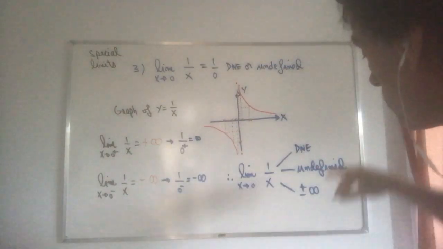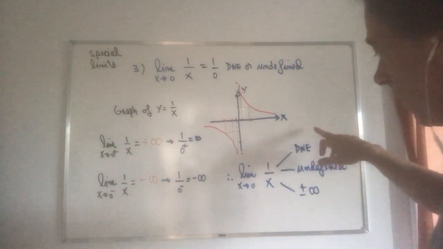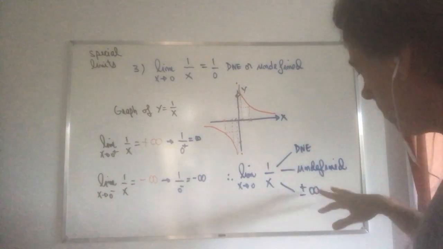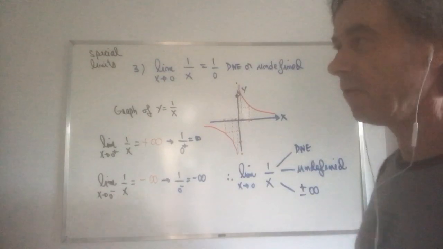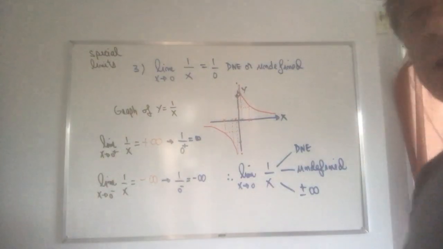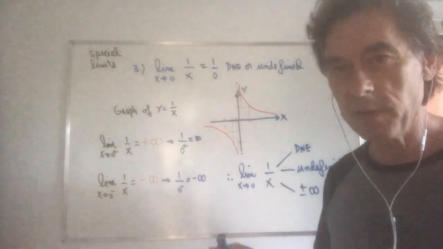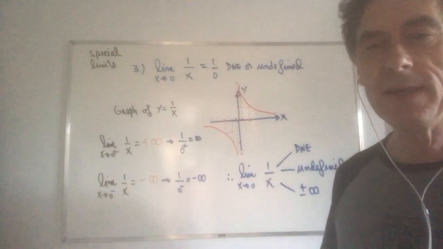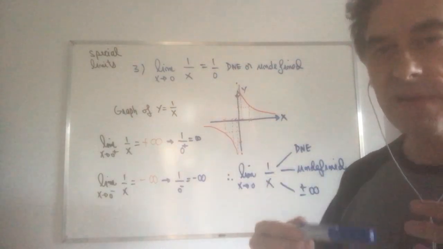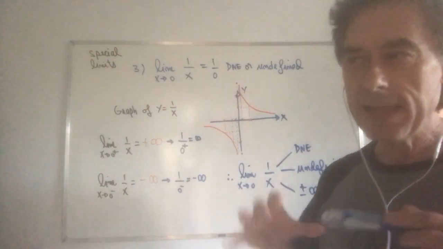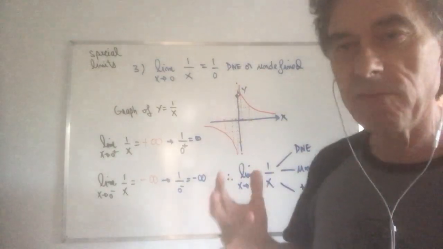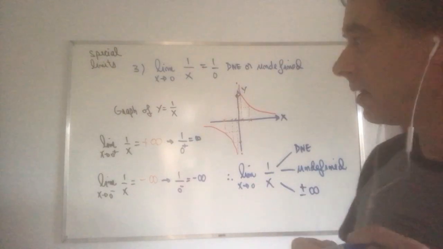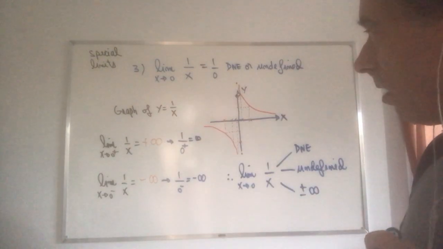So this high school notion of 1 over 0, which we called undefined or DNE, in calculus takes on another dimension, the dimension of plus or minus infinity. And there we are entering slowly the realm of calculus, because really, ladies and gents, calculus is how do we deal with infinitely large and infinitely small numbers. That could be one way to actually perceive what calculus actually is. How do we deal with the infinitely large and the infinitely small?